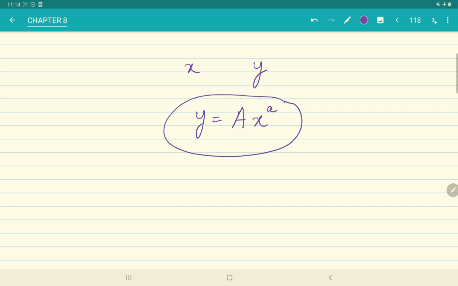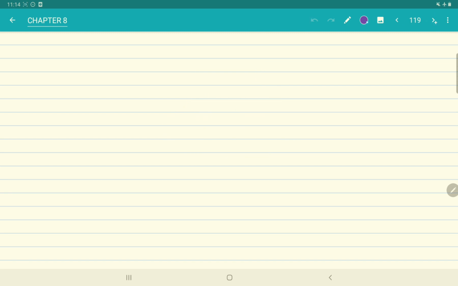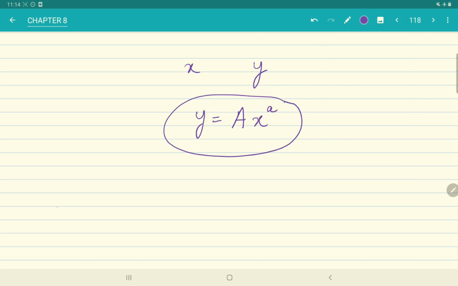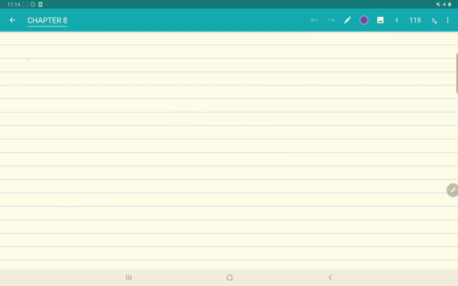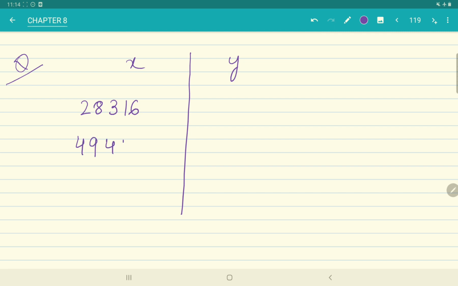And what I just said, I'll take up a question wherein we can understand this. So let's say I have this table and I have a relationship between x and y, and this is the relationship. So x is, let us say, 28,316, 49,412, 77,906, 122,085.